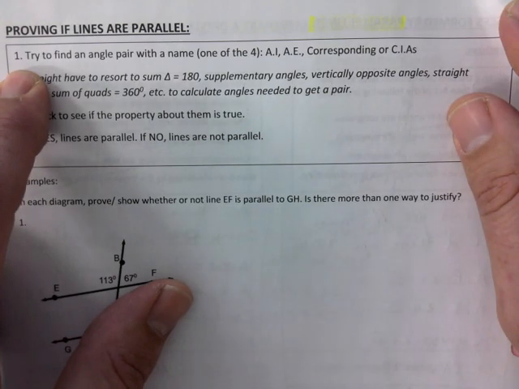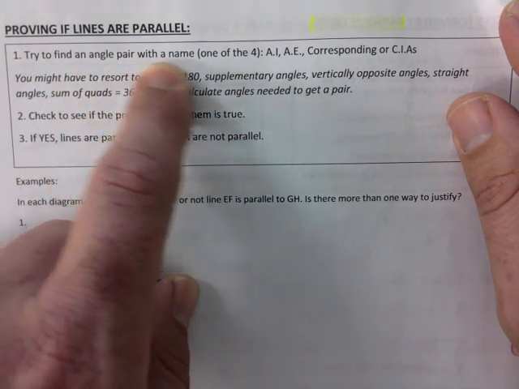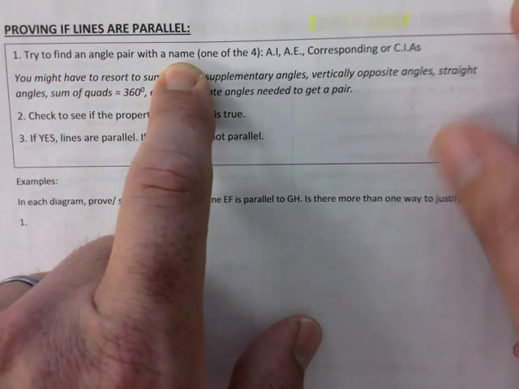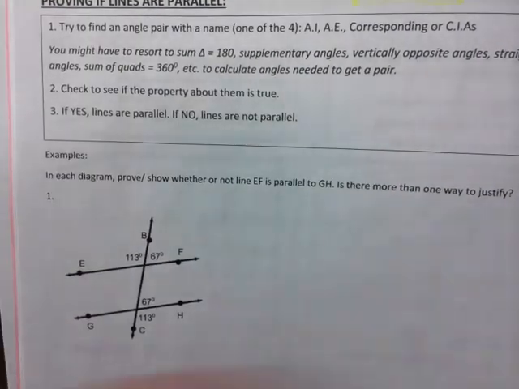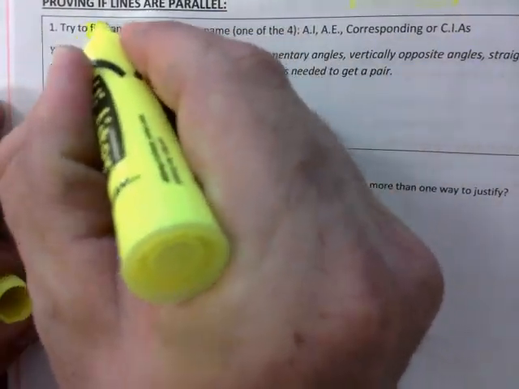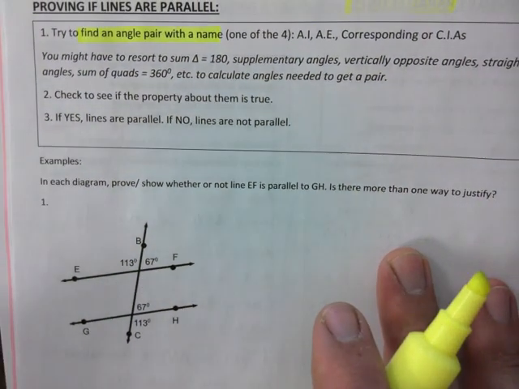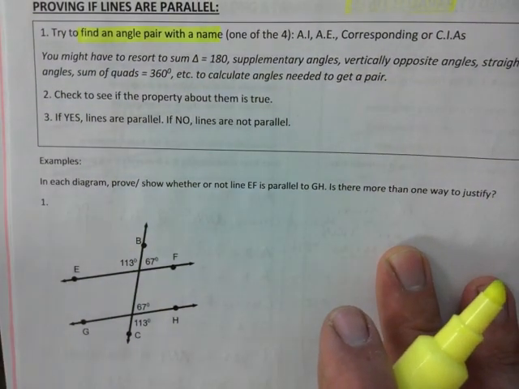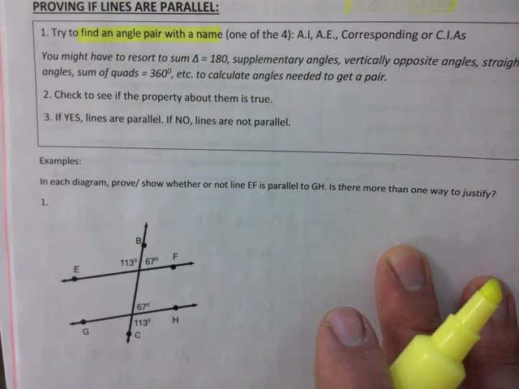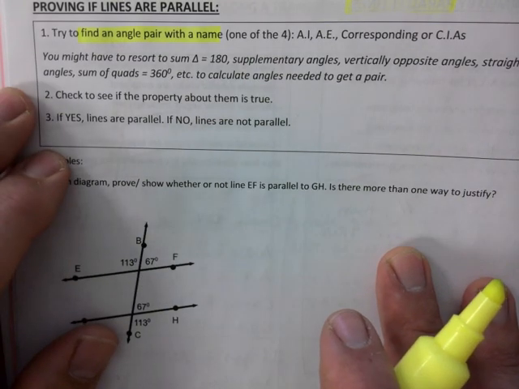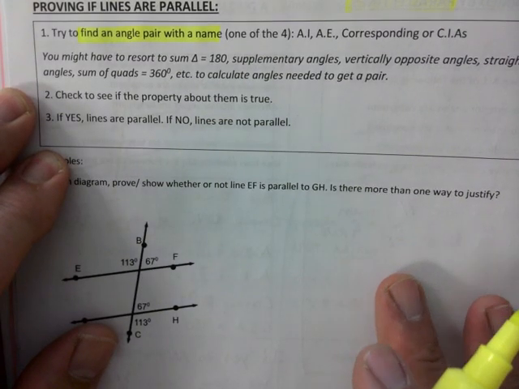Okay, number 1, try to find an angle pair with a name. Maybe I should highlight that. Find an angle pair with a name, one of the four names you know. That would be my first step. Can you find a pair of angles that you have a name for that's based on their location?